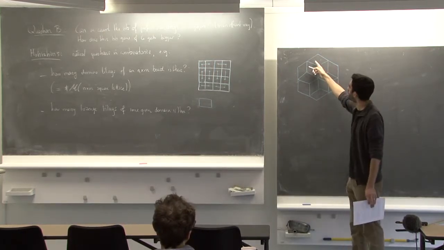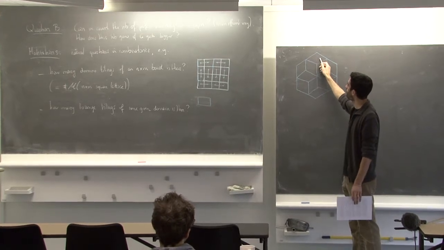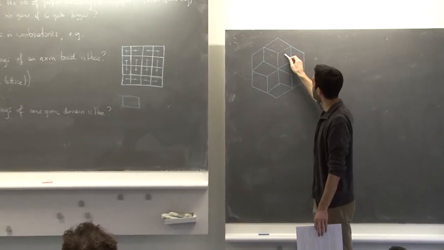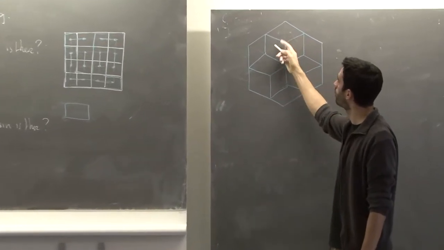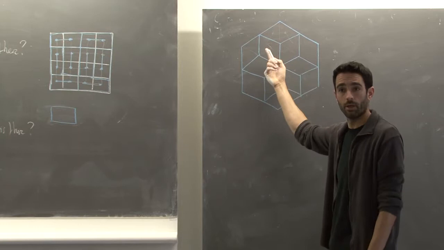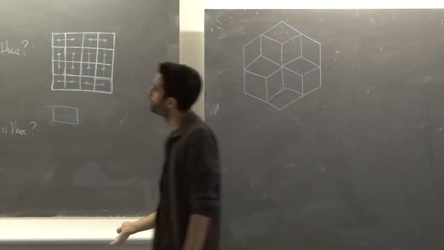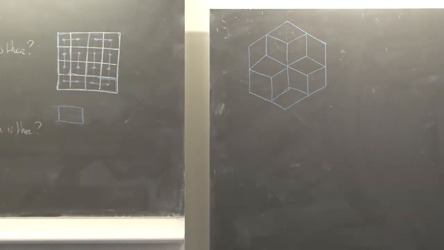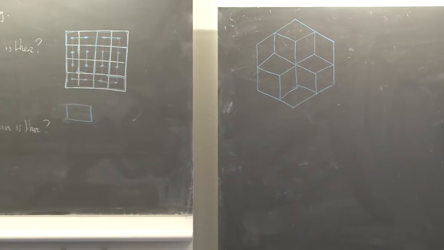And what we're doing is that we're looking at the dual graph, the dual of this triangular graph, that is a hexagonal graph. And this is equivalent to having a perfect matching on the underlying hexagonal graph, right? Of some hexagonal graph.